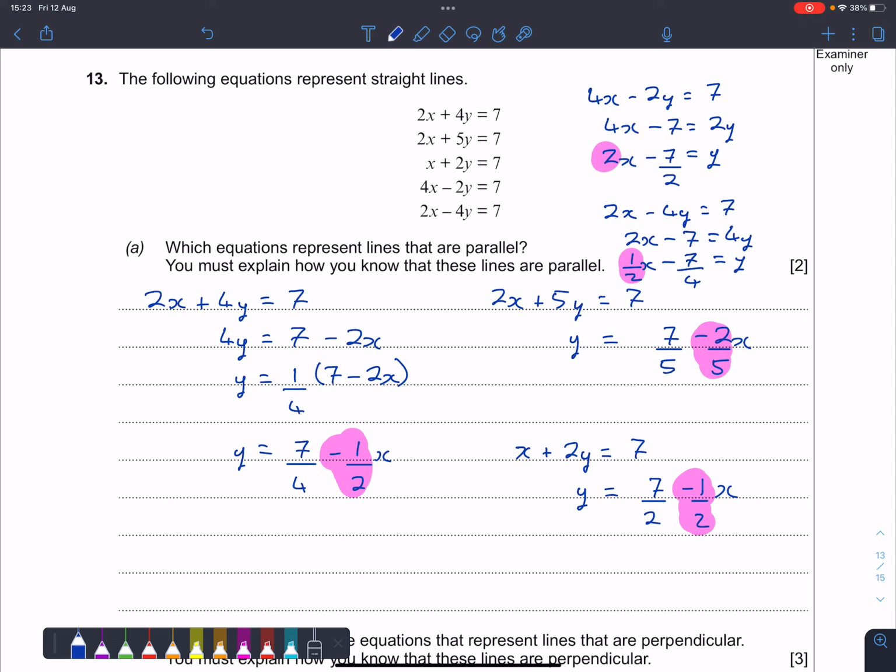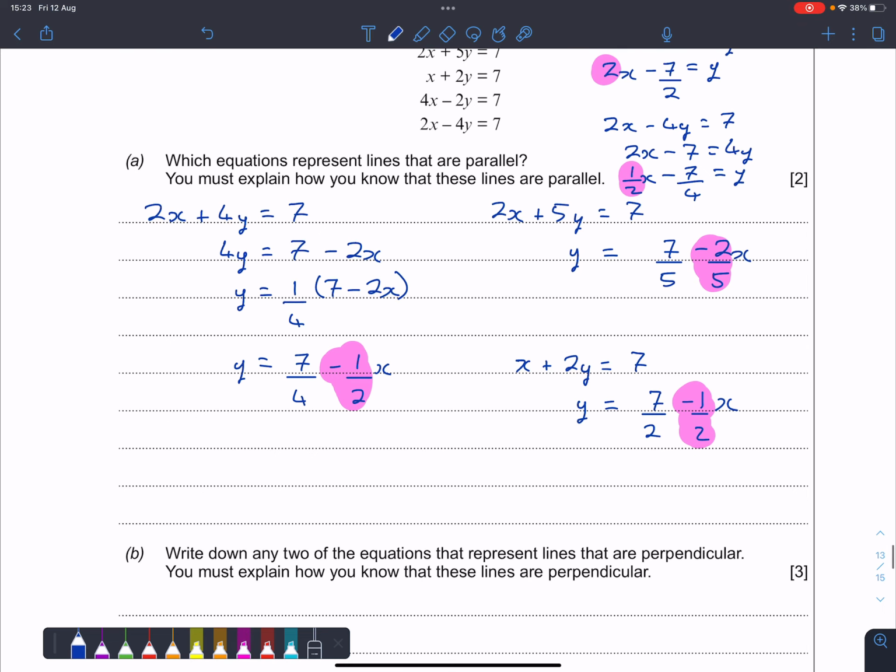So the two that have the same gradient are going to be this one and this one. So we can say 2x plus 4y equals 7 and x plus 2y equals 7 are parallel, as they have the same gradient.